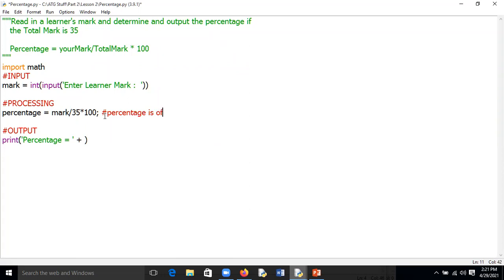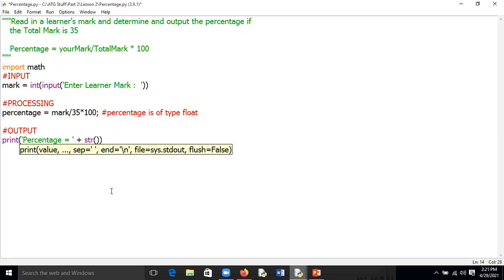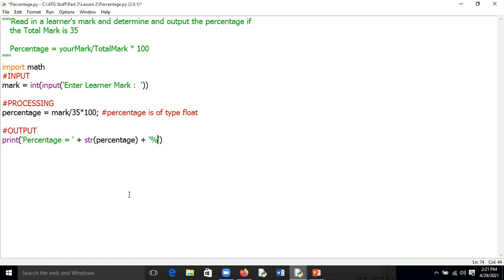Percentage is of type float. Once again, we can only join a string to a string. So we're going to cast percentage into a string. And just to make it a little bit user friendly, I'm just going to put a percentage symbol in quotes. So it will display whatever value with the percentage symbol.